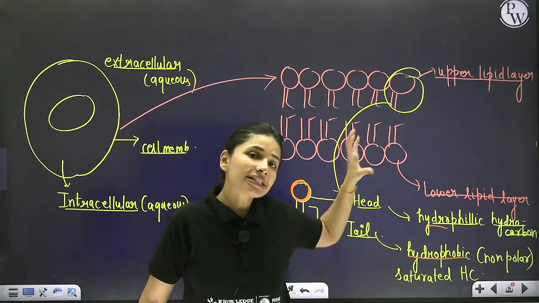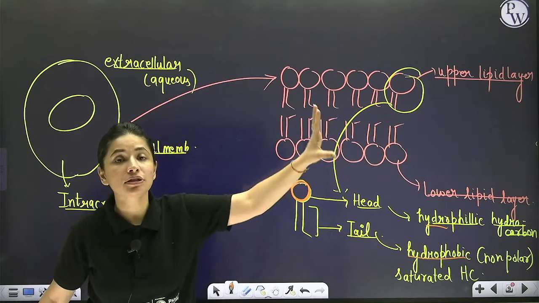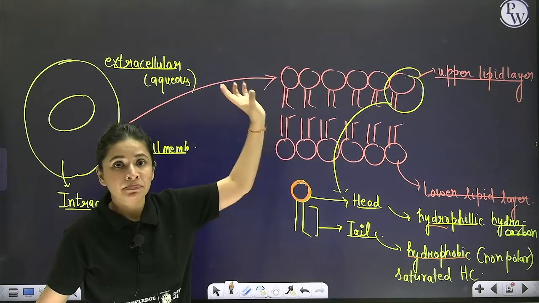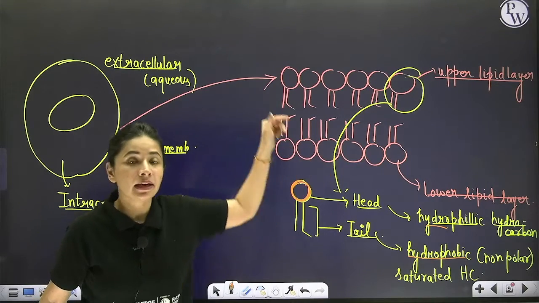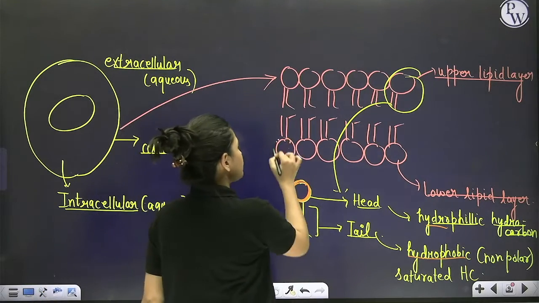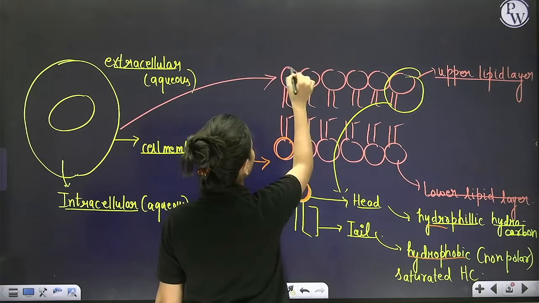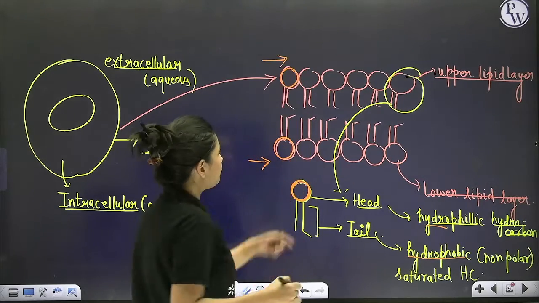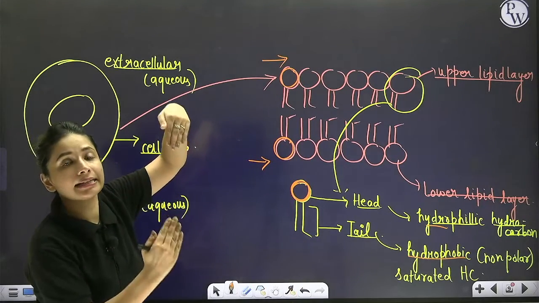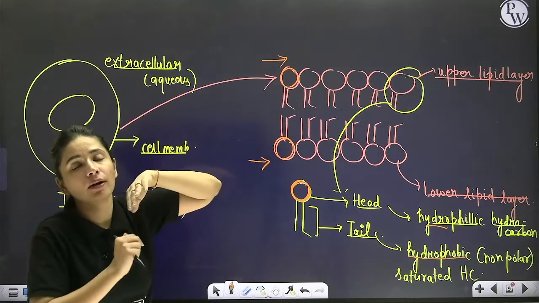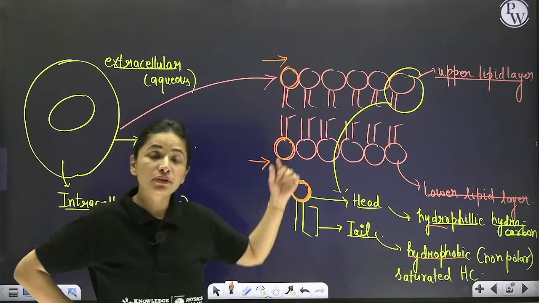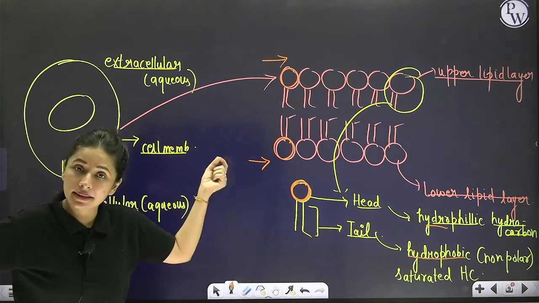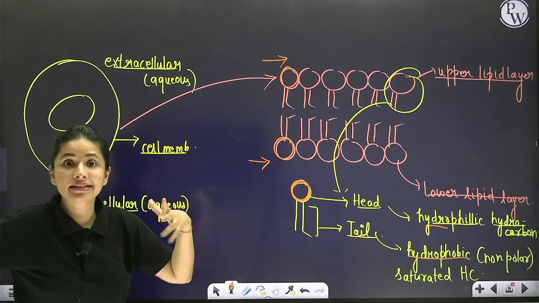Now, you must have seen how I have arranged the plasma membrane. I have arranged the two layers of the membrane in such a manner that the head is facing the aqueous environment from both sides and the tail is getting protected from the aqueous environment by the head. So yes, you have to arrange the lipid bilayer like this only because the head is hydrophilic.